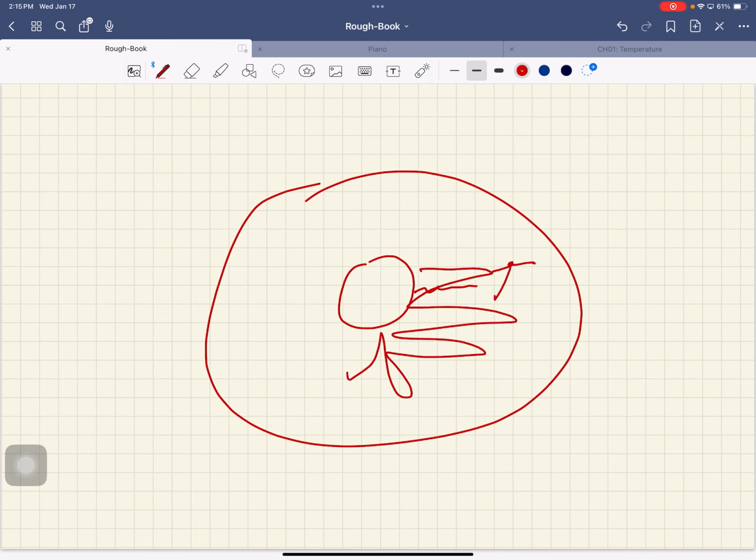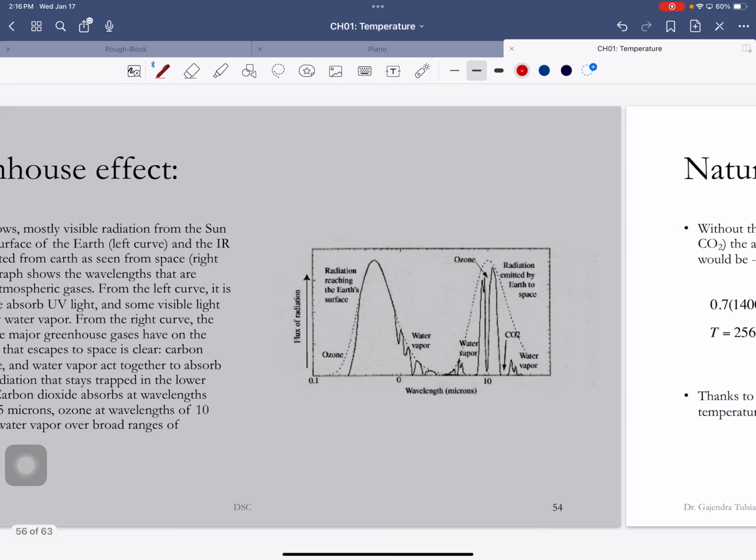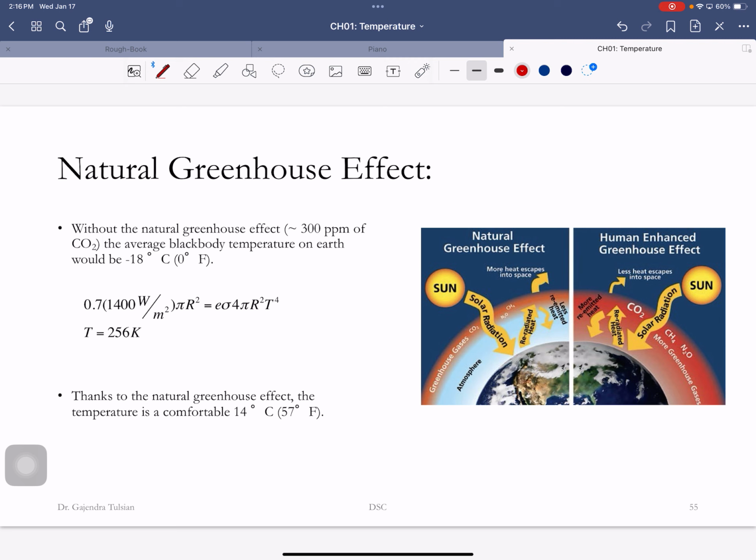So this radiation gets trapped. The more carbon dioxide or greenhouse gases there are, the more heat is trapped. And that's warming the Earth. All right, let's look at this number. How much heat are we trapping? Don't fall down from your chair.